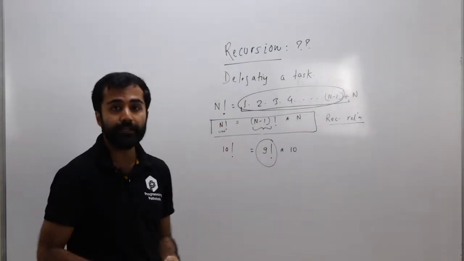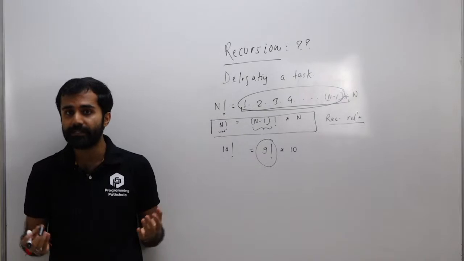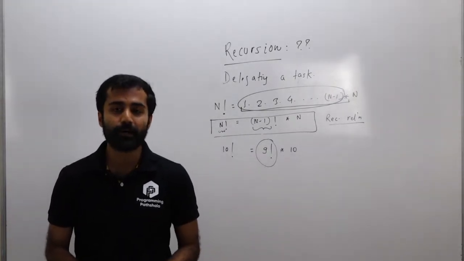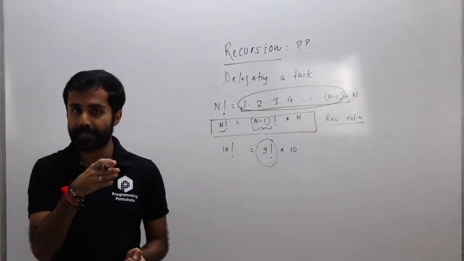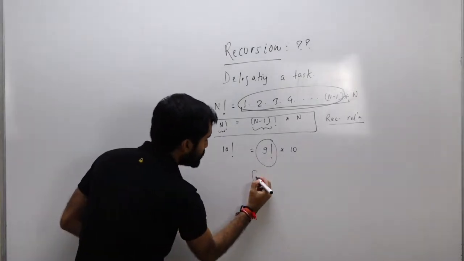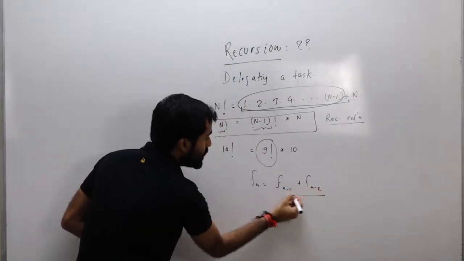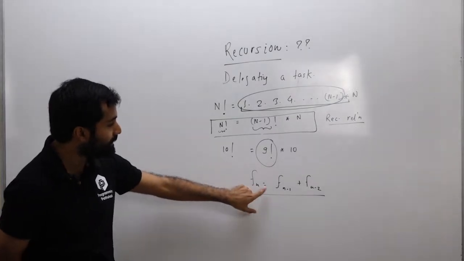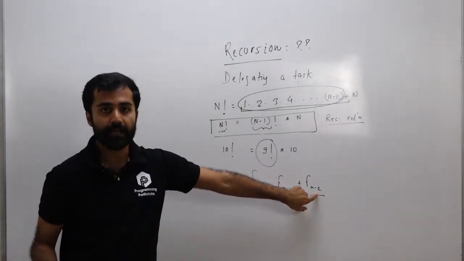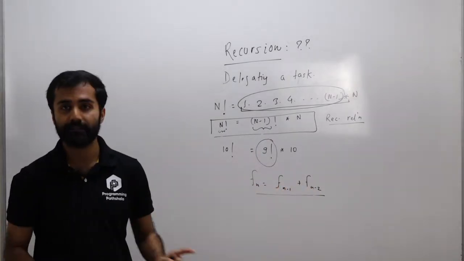And this is not something very new to you. You must have solved problems like Fibonacci numbers. For example, when you solve for Fibonacci number, you say nth Fibonacci number, which is f of n, is equals to f of n minus 1 plus f of n minus 2. What does it mean? It clearly means that it has a dependency on smaller subproblems. So if I first solve for this and this, then I can easily solve for this thing.